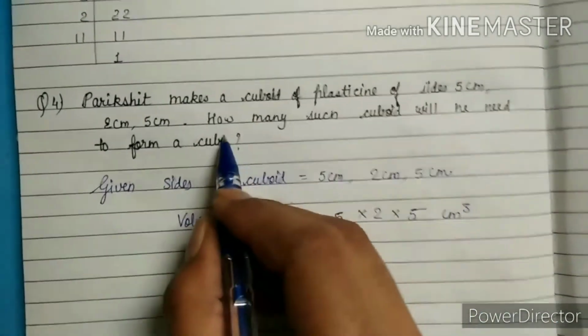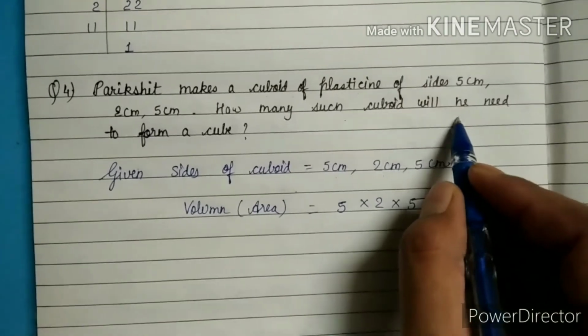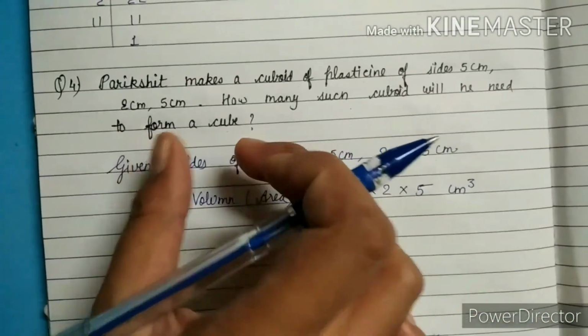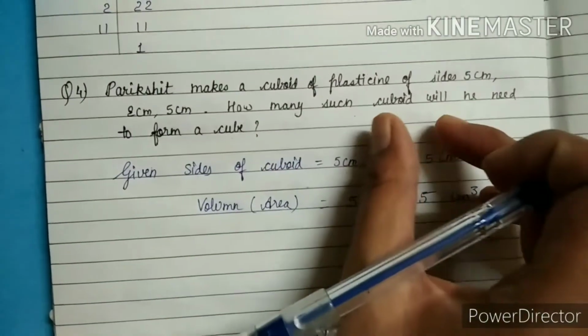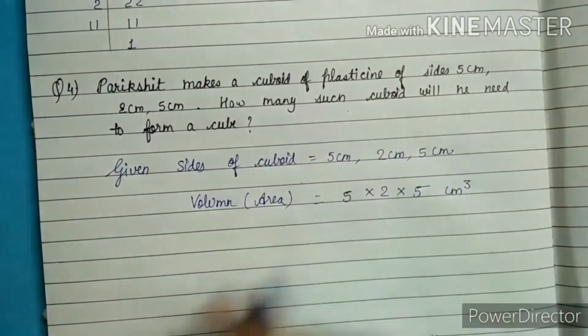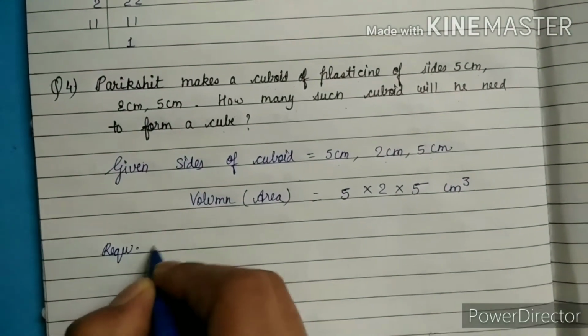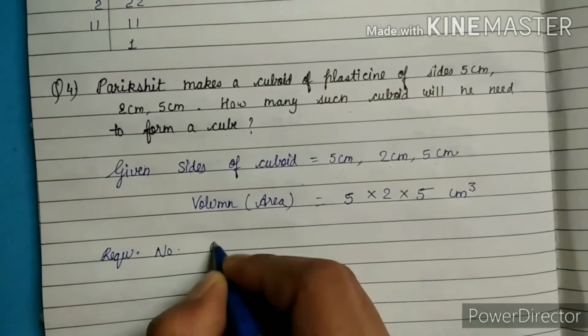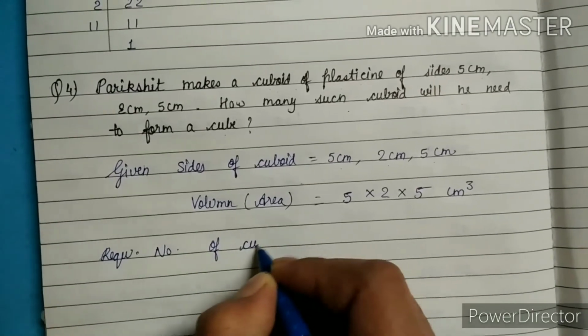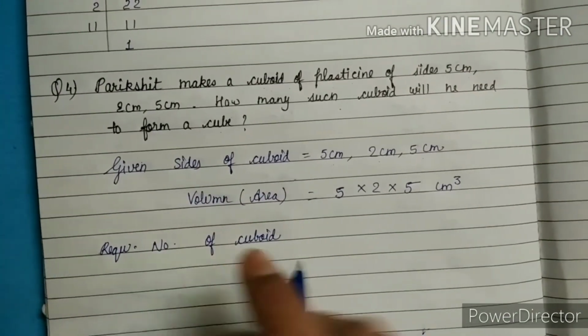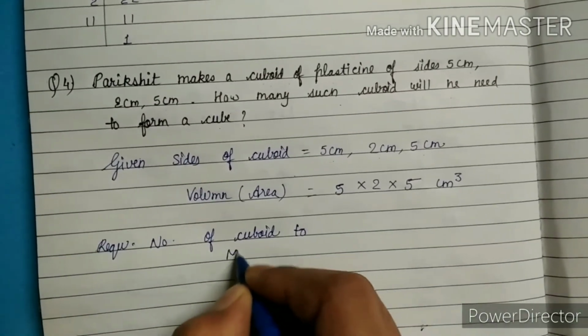The main question is, how many such cuboids will he need to form a cube? He needs to form a cube from cuboids. So the required number of cuboids to make a cube.